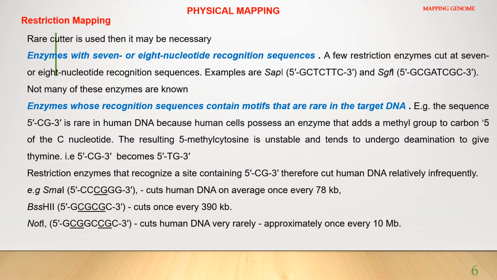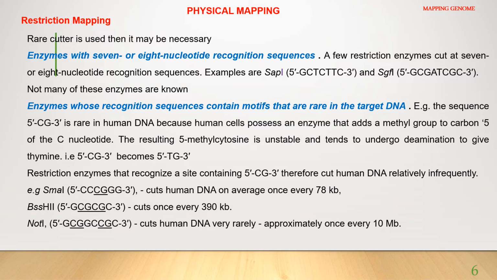This makes it unstable and it undergoes deamination to form thymine. Thus, during human evolution, many of the 5'-CG-3' sequences have been replaced by TG.